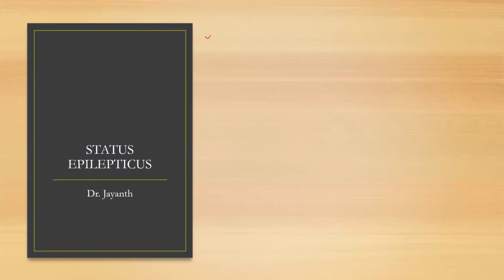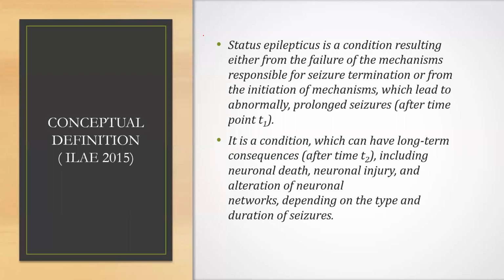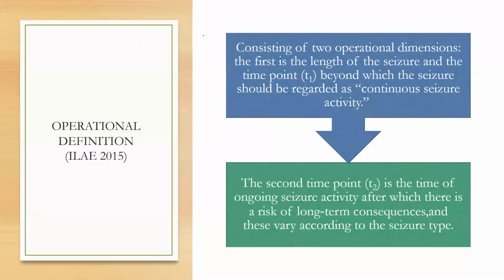Yeah, so today we shall be discussing status epilepticus. We all know the definition. Previously, it was said to be more than 30 minutes, but that is not used anymore. We have a conceptual definition given by ILAE in 2015, which is almost the same as the operational definition, with two parameters, T1 and T2.